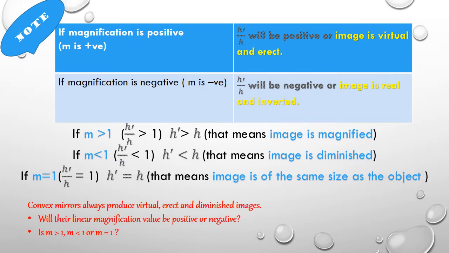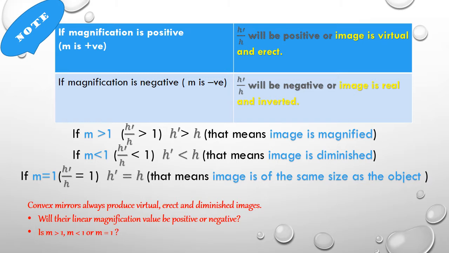Children, let us apply sign convention to magnification and come to some important conclusions. If magnification of a spherical mirror is positive, that means if m is positive, what does it mean? Taking the formula h dash by h, it will be positive. That means image will be virtual and erect.